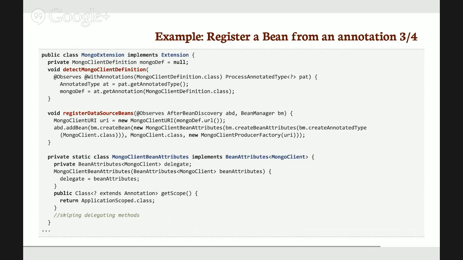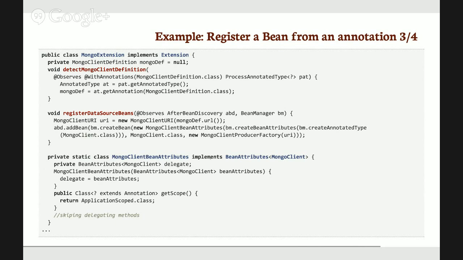I'm not sure we have time to go into details here, but what I ask the bean manager is to create a bean from BeanAttributes. I will create them from the annotated type of the MongoClient class, and I will add a few attributes, mostly the scope of the bean. And I will provide also a producer factory that will produce our bean.